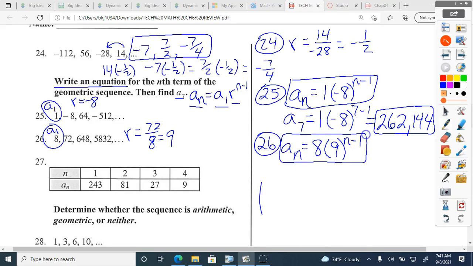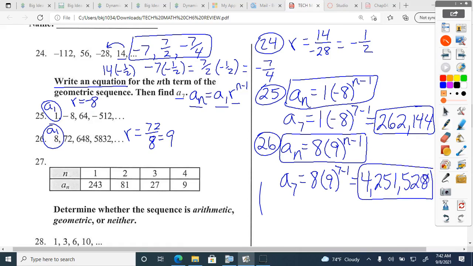There is our equation. And then a sub 7 would be equal to 8 times 9 to the 7 minus 1 power. Put that in your calculator real quick, and you get 4,251,528. Quite a large number there.